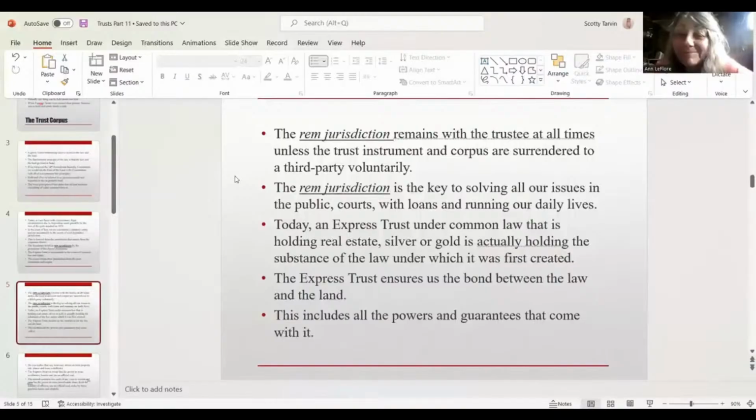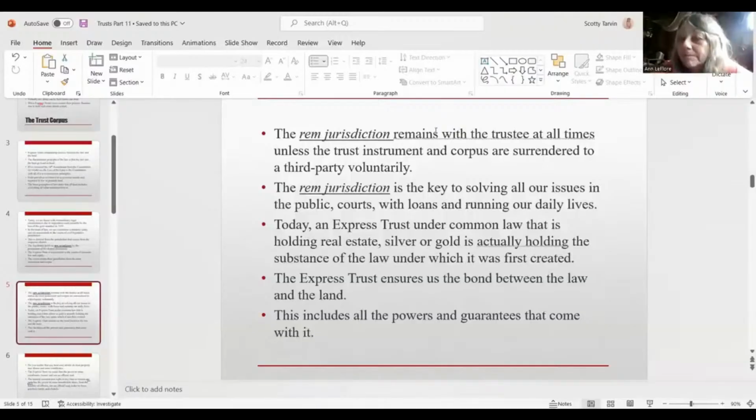The REM jurisdiction remains with the trustee at all times, unless the trust instrument and corpus are surrendered to a third party voluntarily. The REM jurisdiction is the key to solving all our issues in the public courts with loans and running our daily lives.